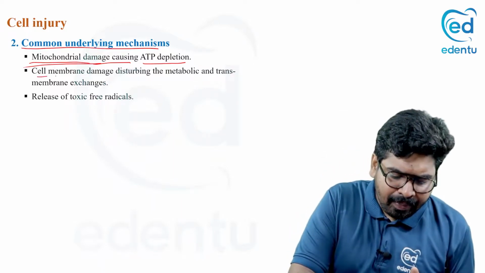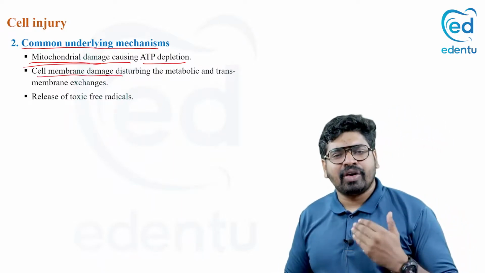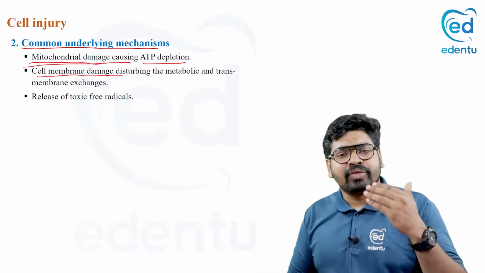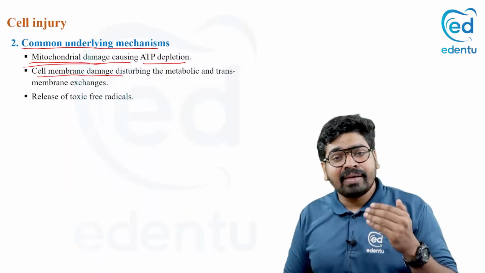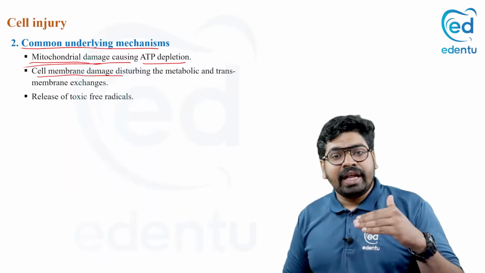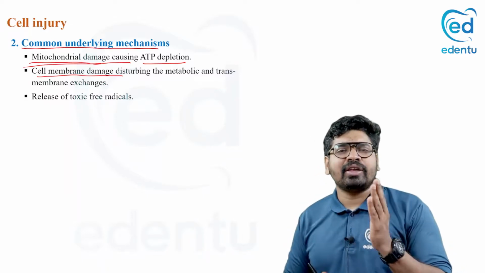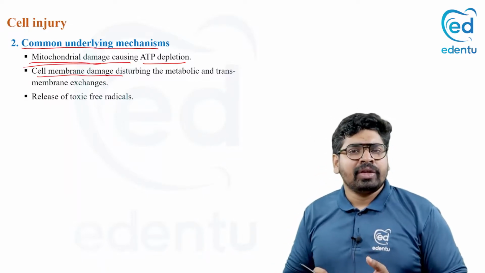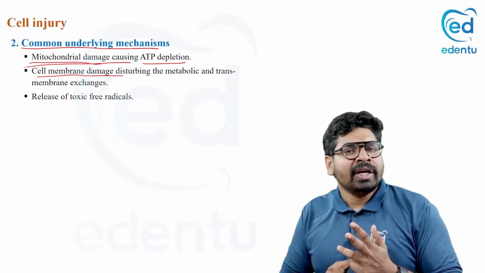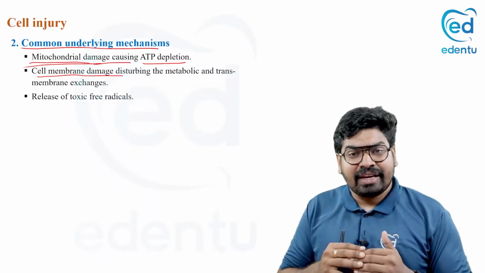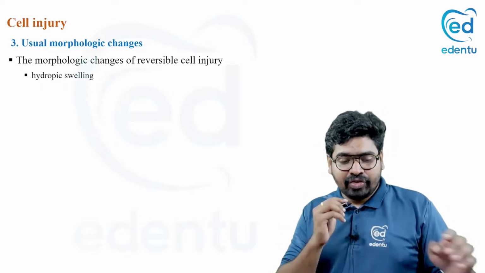The cell membrane will be damaged, because ATP is required for the protein pumps, your sodium potassium pump and your calcium pump, to act. So the cellular membrane will be disturbed. Your mitochondria is disturbed, your cellular membrane is disturbed, and both of these can result in cellular injury.